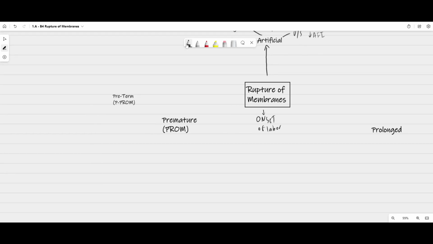Of course, it can go the opposite way, which is premature. This is when it happens before the baby's ready to come out, and it can be due to a lot of factors. Some of those include infection, so maternal infection.